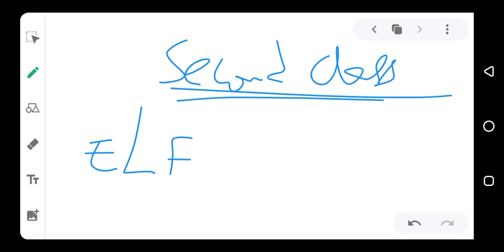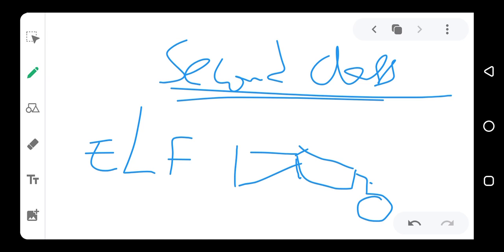Now let's look at some examples. Your wheelbarrow. This is your wheelbarrow. This is where you put your effort, the handle.